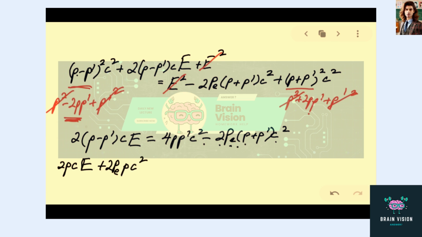We're going to divide everything by 2. And we will factorize out the p prime. This is the remaining terms, which we're going to bring to the left hand side.